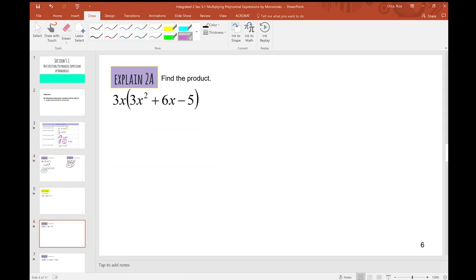Now let's look at a problem that's a little bit more challenging. Explain 2a. Find the product. So I'm going to take that 3x and I'm going to distribute that 3x into each term inside of the parentheses. I have 3x times 3x squared. Well, 3 times 3 is 9, and x times x squared is x to the third.